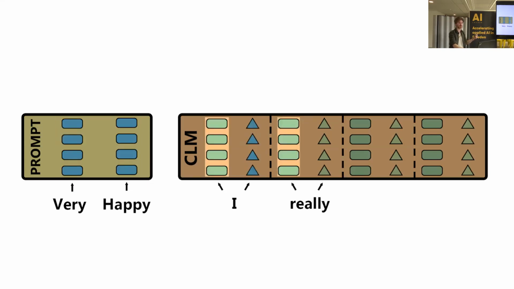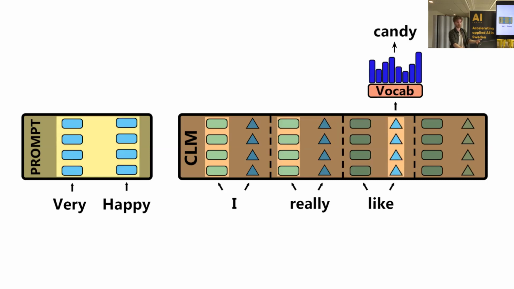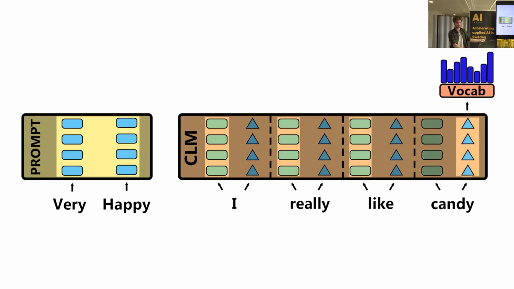Next step, we input it into the textual stream, we attend previous I, we go to the non-residual stream, it also attends the previous I, gets really, but it's also allowed to attend the prompt here. And since it's very happy, perhaps it's going to sample like. And I really like candy.